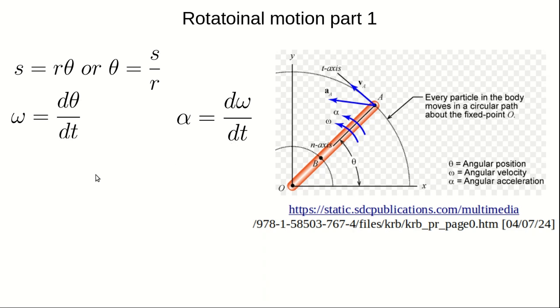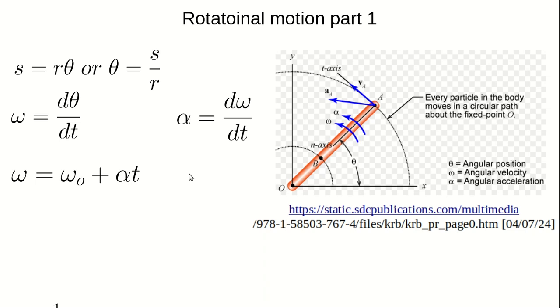So we can also look at equations governing a body undergoing rotational motion in terms of the initial angular velocity and final angular velocity, as well as the angular acceleration. It has a connection with the equations governing linear motion.